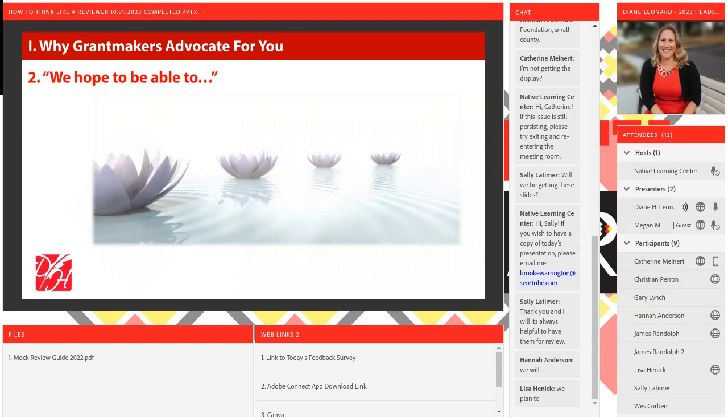But that paired with the rest of your proposal where you're describing how you came up with your program design, how you evaluate, what you've learned in the past, that small language shift from we hope to more confident action language, we will, we plan, we intend to, gives the reviewers a much stronger degree of confidence in what they're reading.